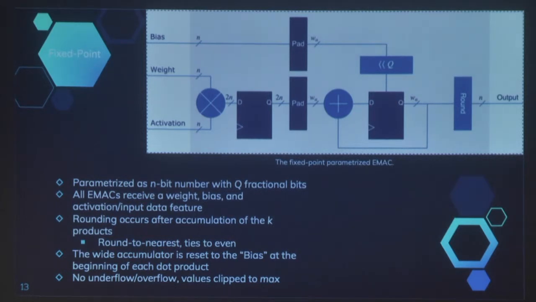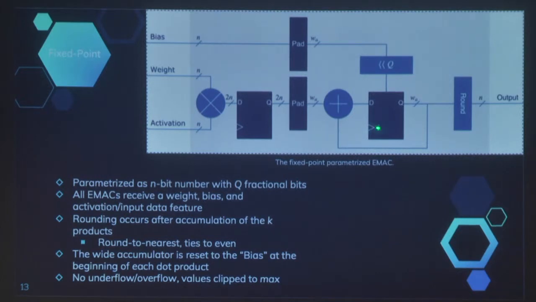We wanted, as I said, to keep this comparison fair. So for all these EMAC units, we have 3 inputs: the bias, the weights, and the activations. All of these are parameterized. N bits in here is the number, and we have the Q fractional bits. And rounding here, we are doing it after the accumulation, and we are rounding to the nearest even. As I mentioned, it's a direct rounding process.